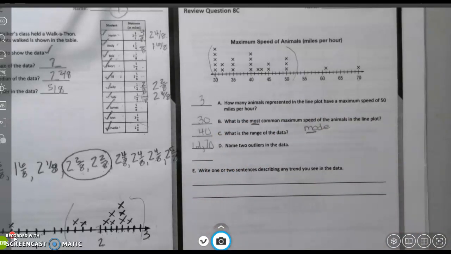And it says write 1 or 2 sentences describing any data trend that we see. Well, there could be several answers that you could put for this, but here are just a couple of examples.